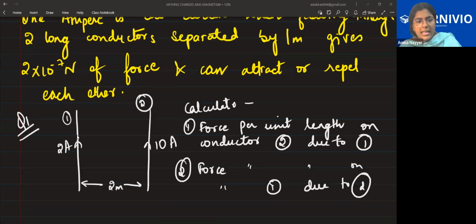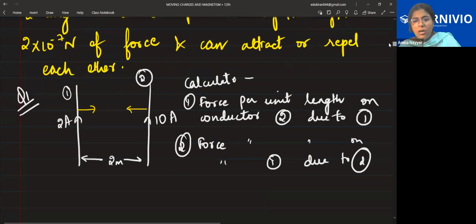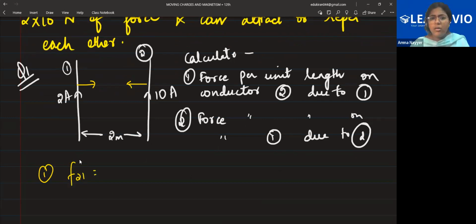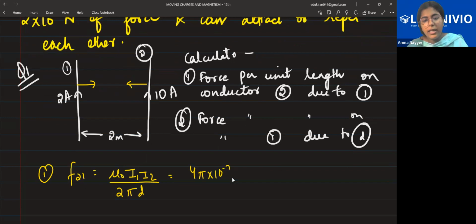Now, both the currents are in the same direction. So this is how you decide the direction. Force per unit length on conductor 2 due to 1. First part means F21. And see, per unit length is mentioned. Already length is not mentioned, so we are not even worried about it. So mu naught I1, I2 divided by 2 pi d. Mu naught is 4 pi into 10 to the power minus 7.